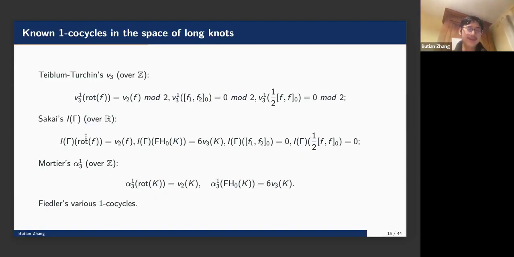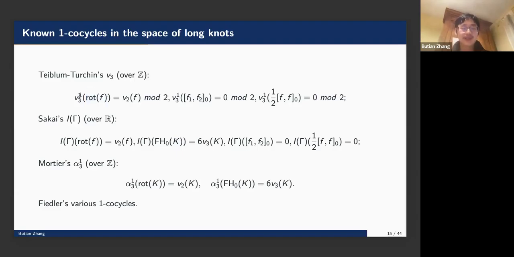And later, in the published paper that I meant, Turchin calculated this one cocycle over Z mod 2 using a combinatorial description. And rot F here is a long knot, some long knot, and rot is the Gramain cycle, meaning the rotation.